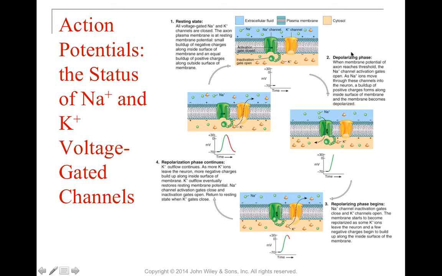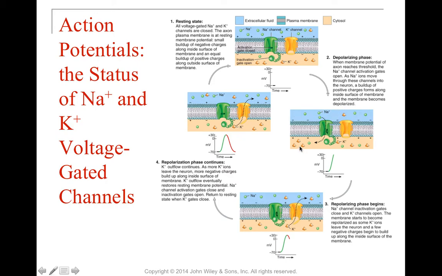So once we end up with a stimulus that induces the threshold, so a subthreshold stimulus will not do this. We will depolarize and then return back to the resting state if it's subthreshold. But if we hit threshold, then we have an opening of the sodium channels. And when the sodium channels open, sodium ions are going to move through the channels, right? And that's going to cause a buildup of positive charges on the inside.